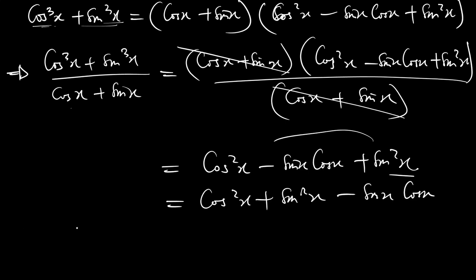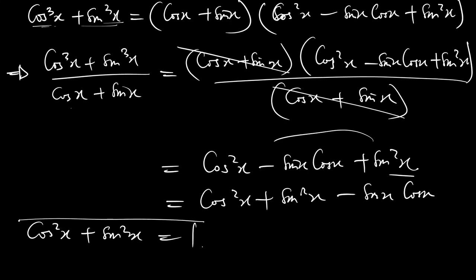Now, from the trigonometric identity that we know, cos square x plus sine square x is equal to 1, so anywhere we see cos square x plus sine square x, we'll put 1 there.